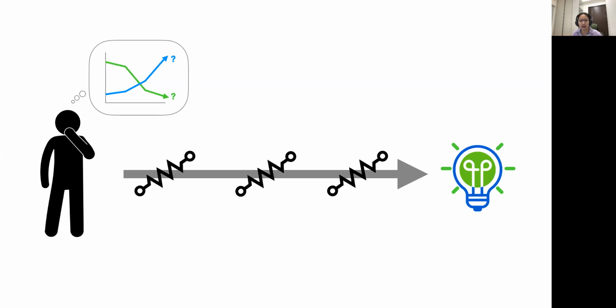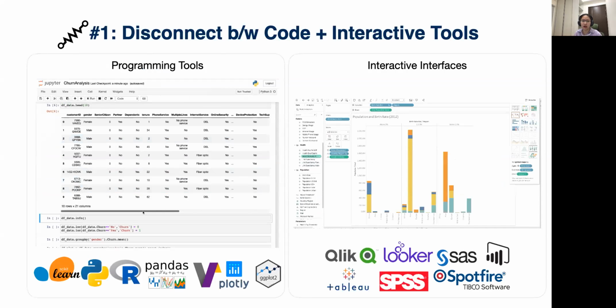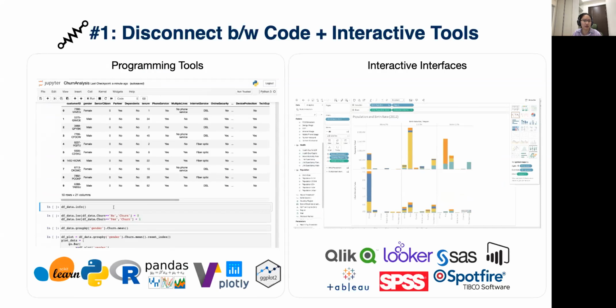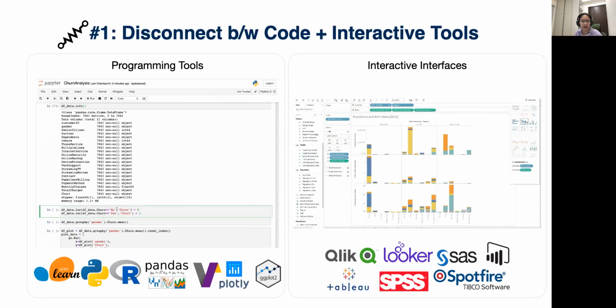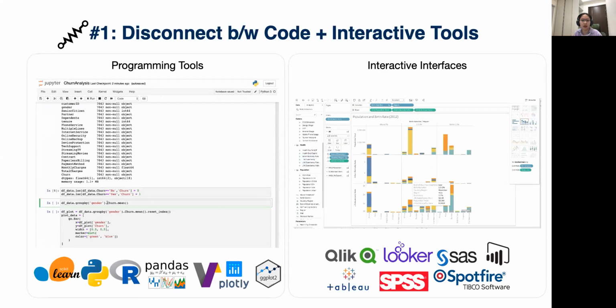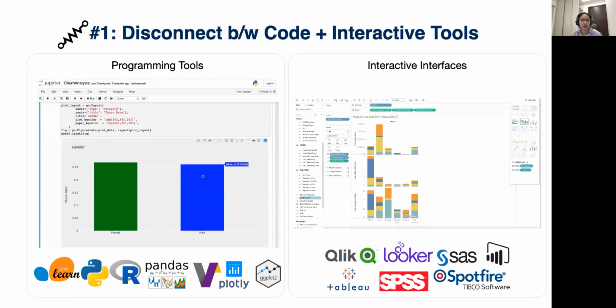In particular, we identify 3 resistors that are common to the data exploration process. The first resistor is that while programming tools are highly flexible and allow users to perform a diverse set of tasks, they're largely inaccessible to analysts without coding expertise. On the other hand, interactive tools are highly usable and effective for expressing visual intents.